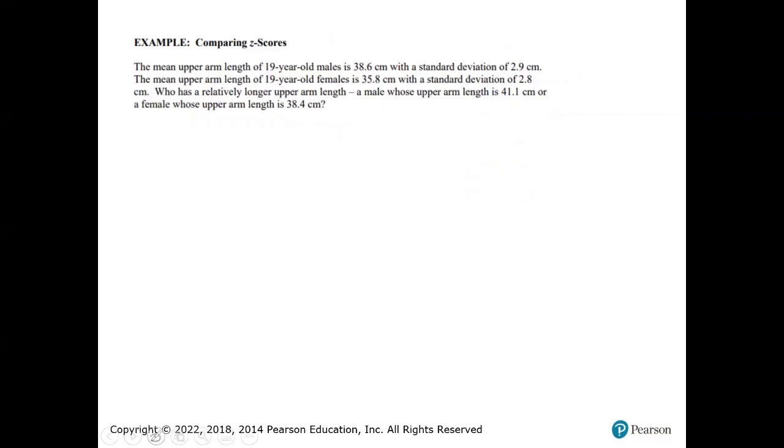The mean upper arm length of a 19-year-old male is 38.6 centimeters with a standard deviation of 2.9 centimeters. Okay, so males have a mean of 38.6 and a standard deviation of 2.9, versus the females over here, who have a mean of 35.8 centimeters and a standard deviation of 2.8.